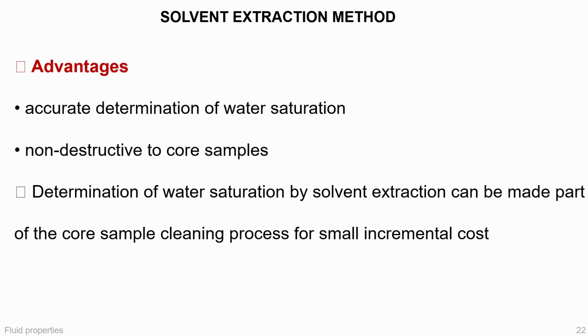Solvent extraction can provide accurate water saturation and is non-destructive, meaning the core can still be used for later tests such as permeability, capillary pressure, and relative permeability. It can also be cost-effective if incorporated into routine cleaning.